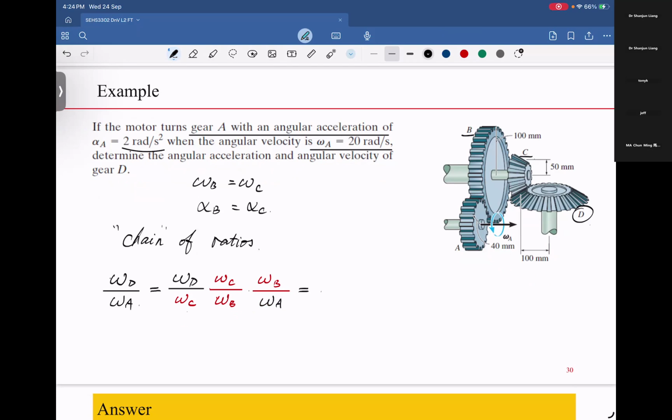Omega D over omega C, right? RC over RD, right? And the second one, omega C over omega B. Omega C and omega B, they're on the same shaft, right? So these two gears have the same angular velocity, which is 1, right? Last one, omega B over omega A, RA over RB, right? Just upside down, right?